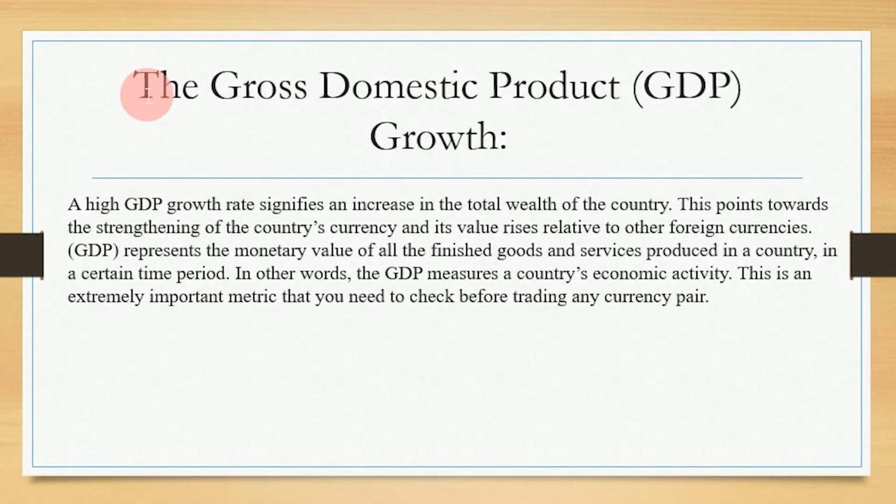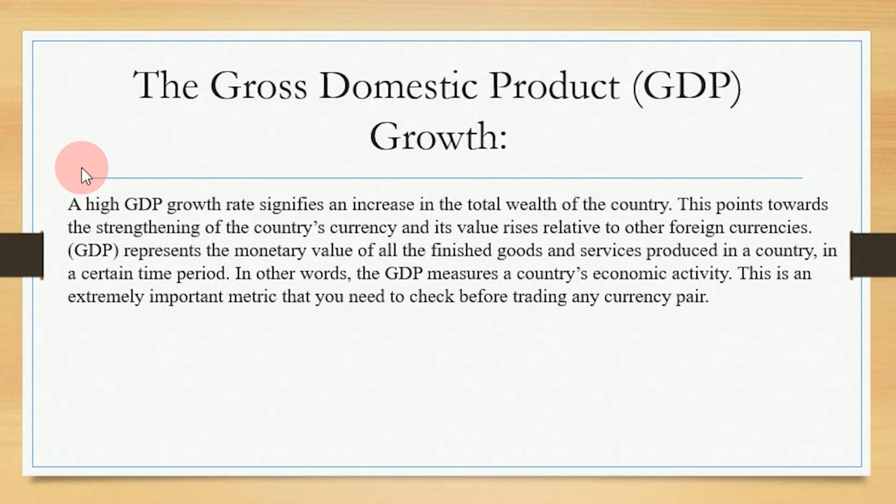The gross domestic product, or GDP growth. This is also one of the vital factors in the case of appreciation and depreciation of a currency in the market. A high GDP growth signifies an increase in the total wealth of the country. This points towards the strengthening of the country's currency, and its value rises relative to other foreign currencies.